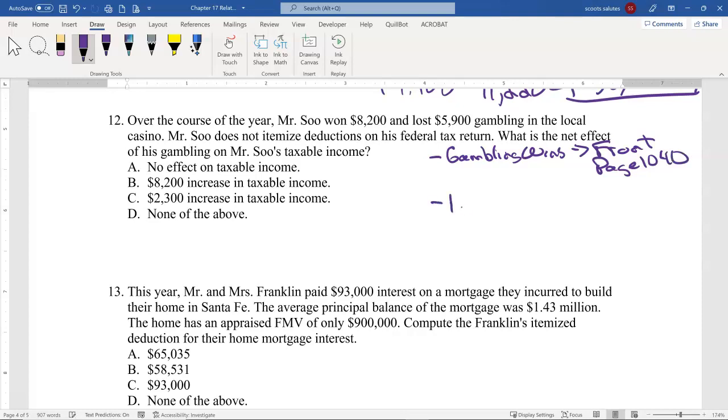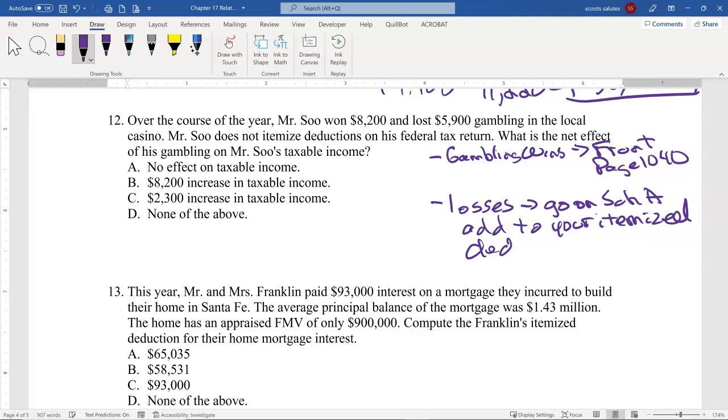If you have losses, they go on Schedule A, right, so they add toward your itemized deduction total. So in this case, not to give it away, but he's not itemizing, which means what? He's not really using Schedule A.